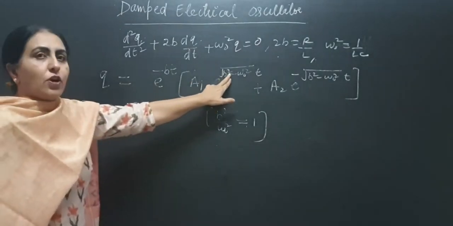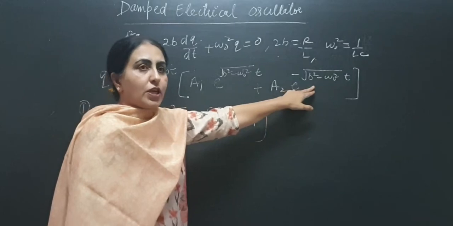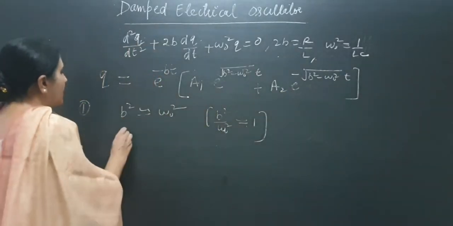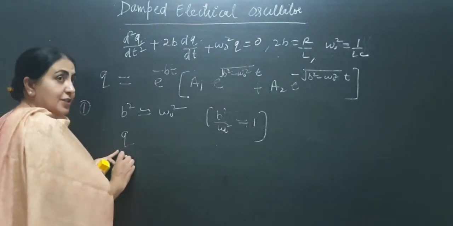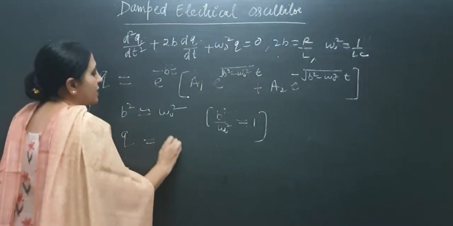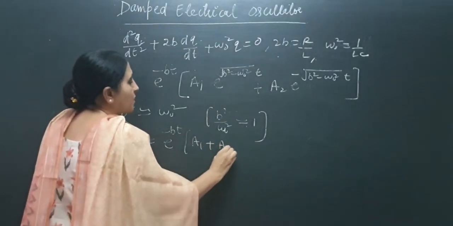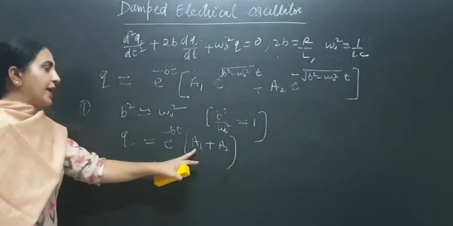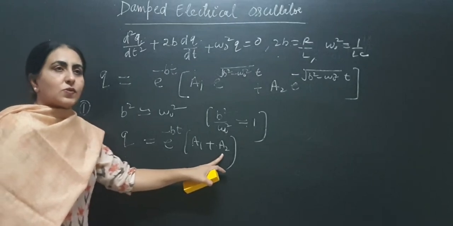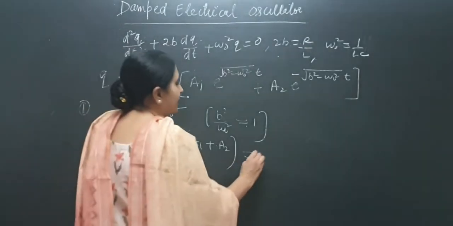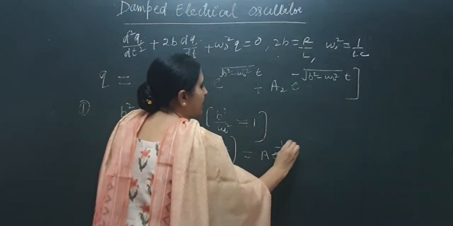E raised to power 0, here is also e raised to power 0. E raised to power 0 is 1, so you get q is equal to, instead of x, here is q. Q is equal to e raised to power minus bt into a1 plus a2. A1 is a constant and a2 is also a constant, and constant plus constant is also a constant. You can write it as A e raised to power minus bt.